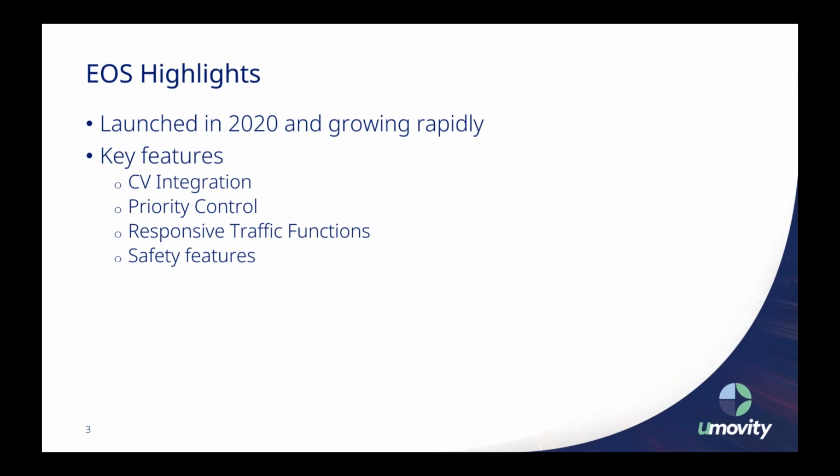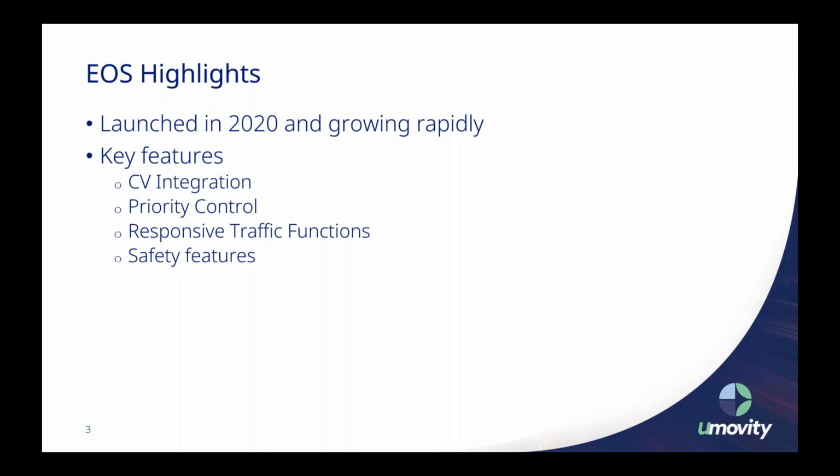It was launched in 2020, and it's been growing very rapidly. We're very excited to say that we've hit some significant milestones. I'll talk about that in the next slide. There are some really great capabilities within the software, and some market needs that we needed to meet, that were really the impetus for us to take on this aggressive product development and rewrite our controller software.